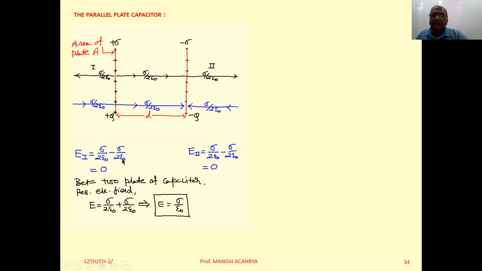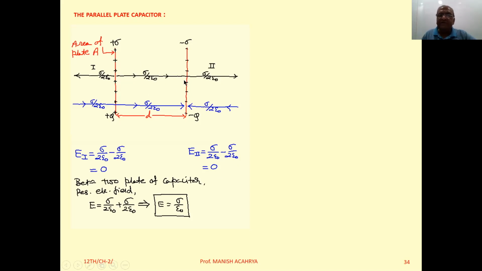Similarly, if we take this second region, there also both the fields are in mutually opposite directions, but the same in magnitude, sigma upon 2 epsilon 0. Clear? So the resultant is equal to 0.